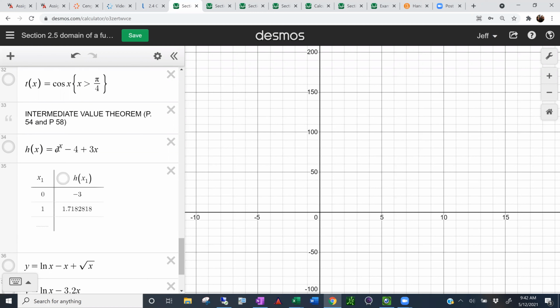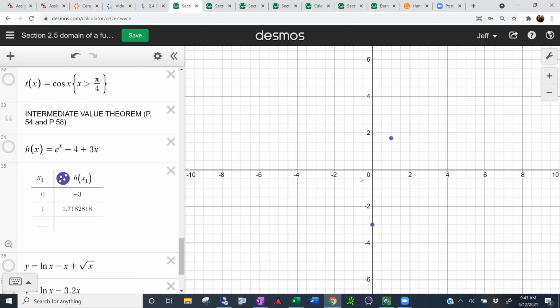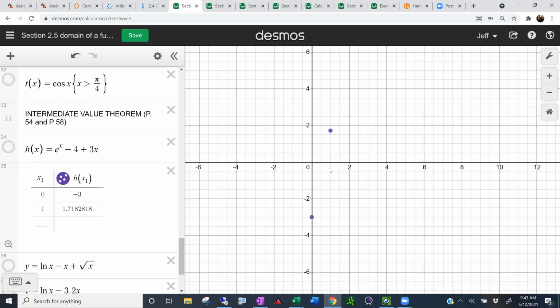I'm going to plug in x equals 0 and x equals 1, the endpoints in my interval. It's kind of hard to see them there, so you might want to do yourself a favor and hit this little house icon. That's a little bit better.